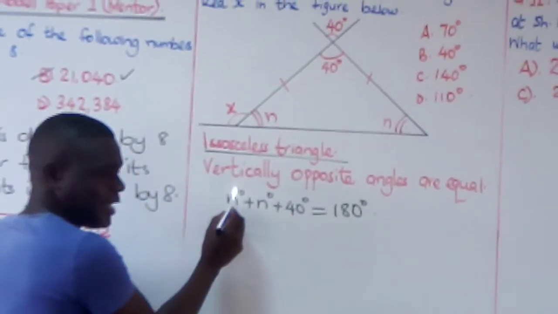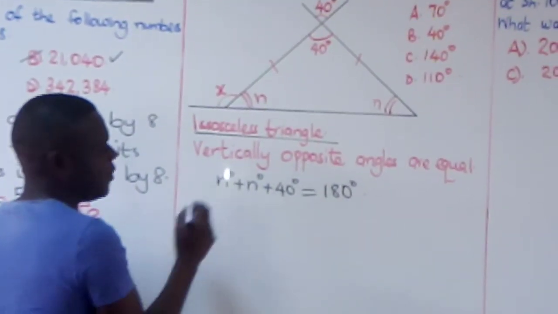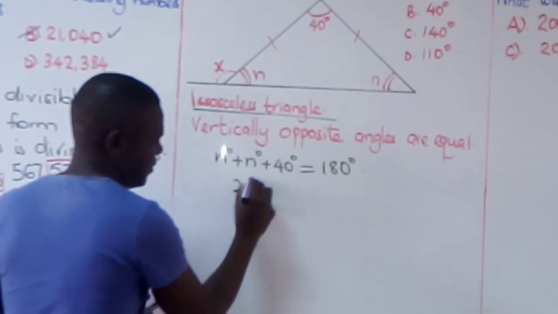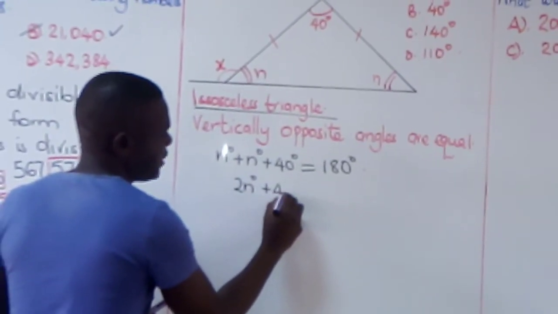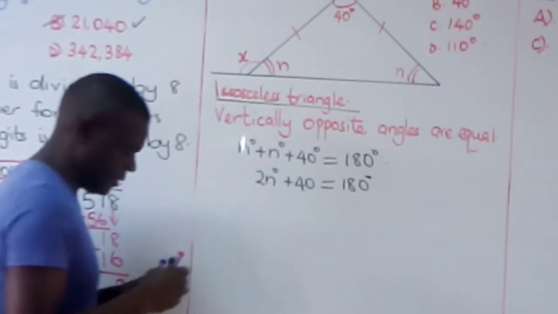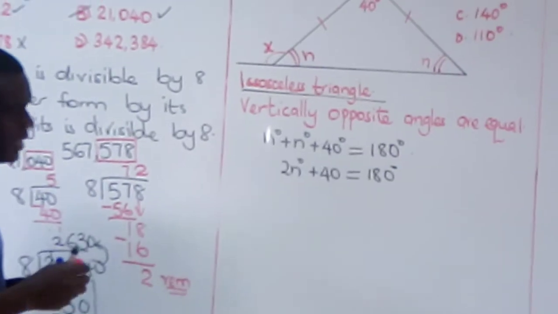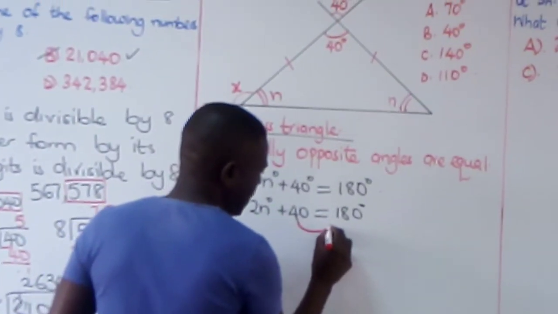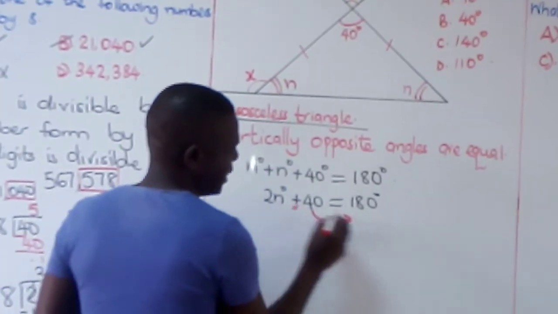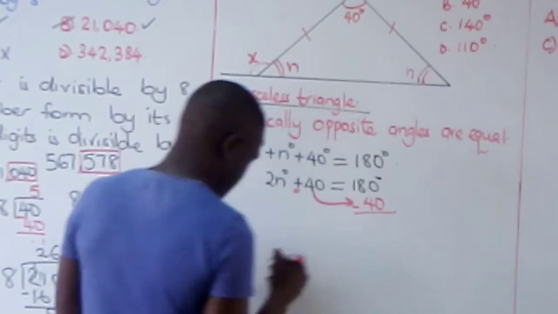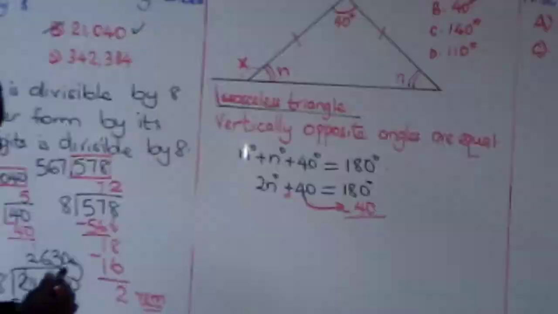So n plus n, boys and girls, is 2n degrees plus 40 should give us 180 degrees. Look at that, boys and girls. And so we transfer 40 to the other side. It's a number with a plus. It becomes a number with a minus. And so we subtract from 180 degrees.